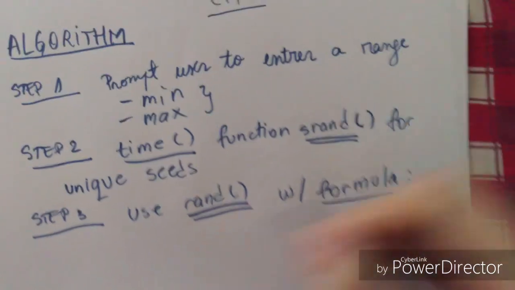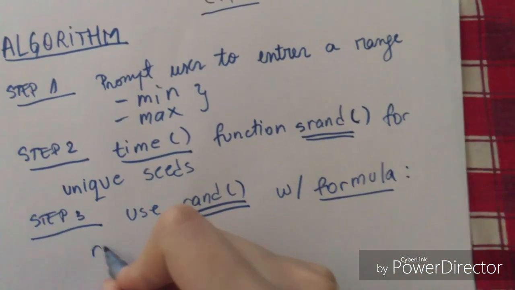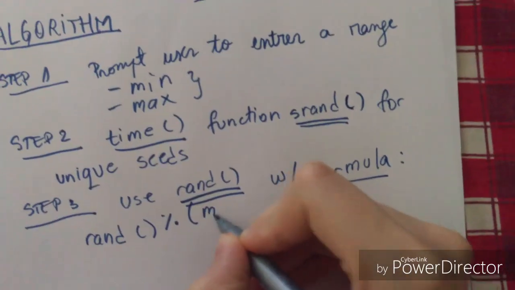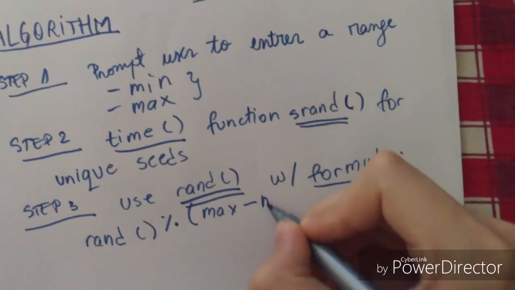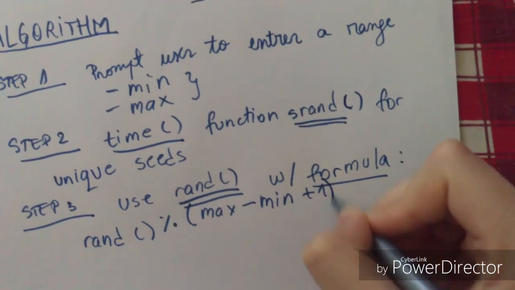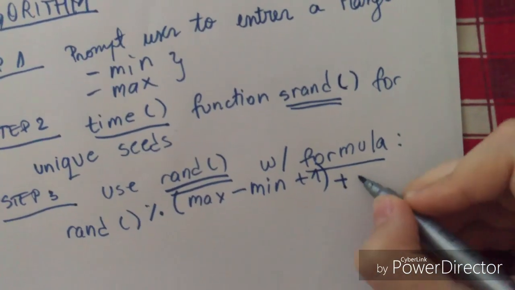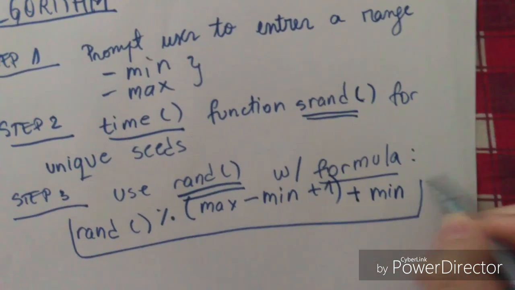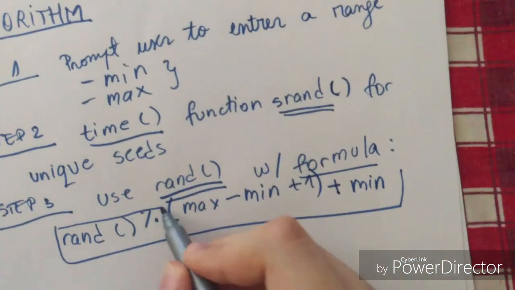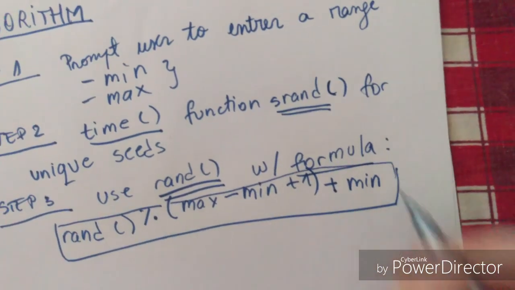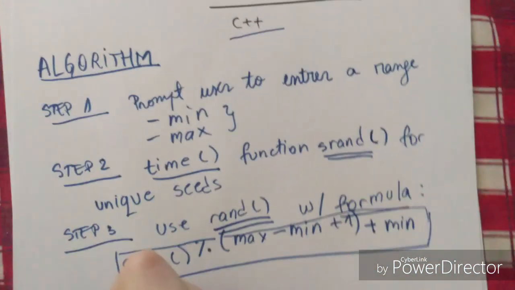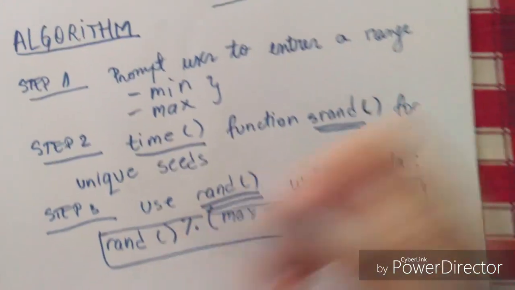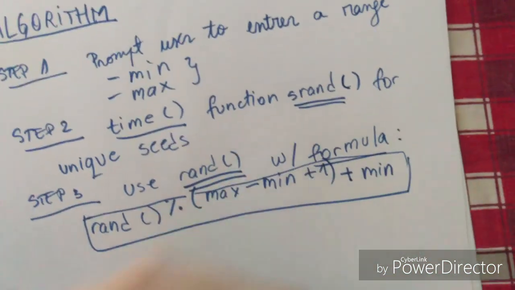And the formula is rand modulus max minus min plus 1 plus min. So this is the formula that is going to create the actual number, the number that's going to be randomized, the result, or the tree in our diagram.